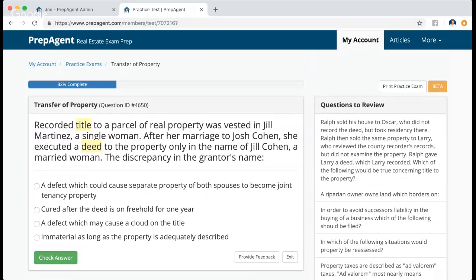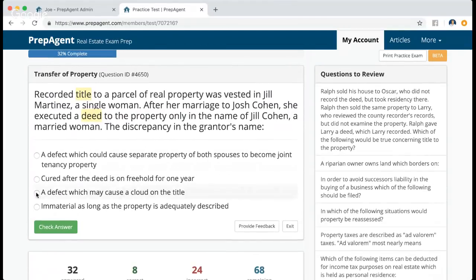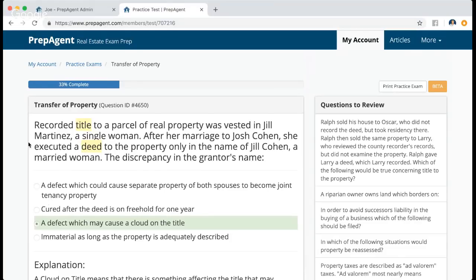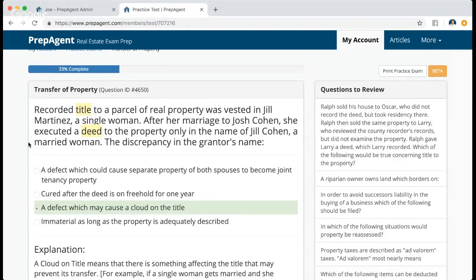B, cured after the deed is on record for 1 year. C, a defect which may cause a cloud on the title. Or D, immaterial as long as the property is adequately described. And the answer is C, a defect which may cause a cloud on the title.